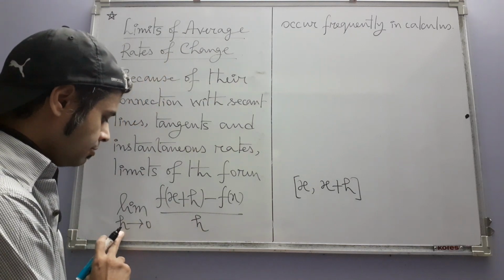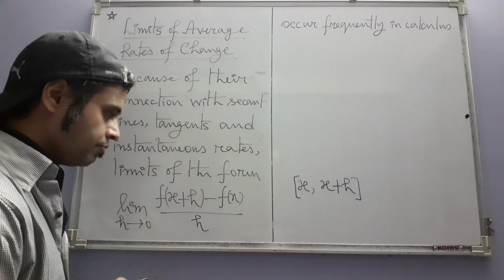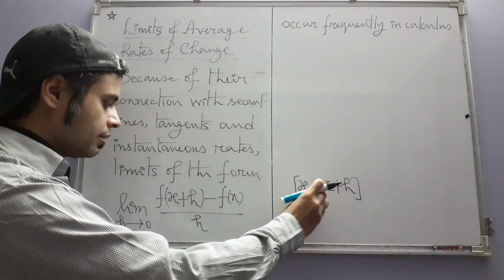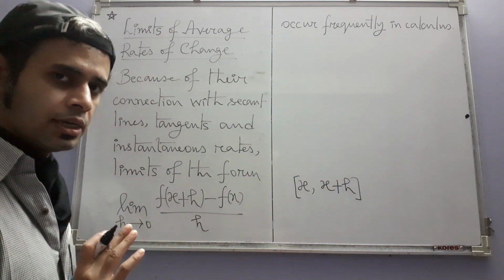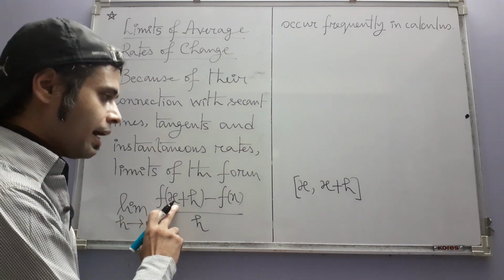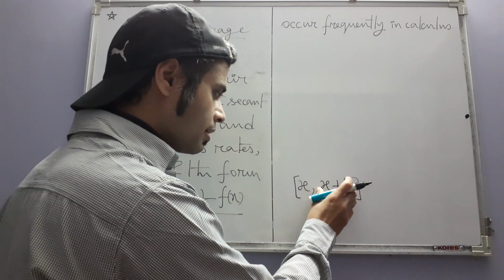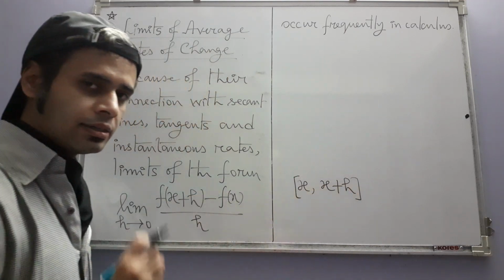But then as you let h approach 0, then the interval shrinks, it keeps shrinking. So you get instantaneous rate of change of this function f at the point x, because as your h is approaching 0, this x plus h gets nearer and nearer to x.